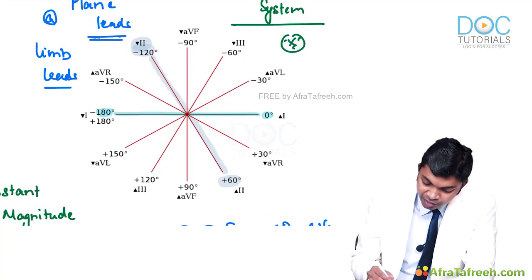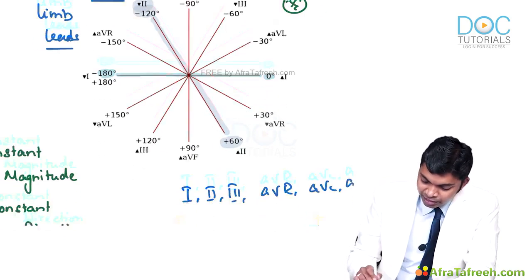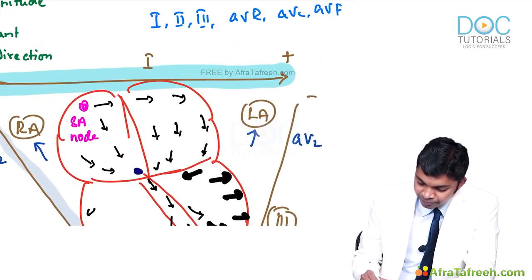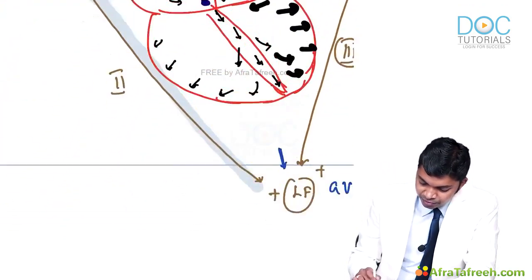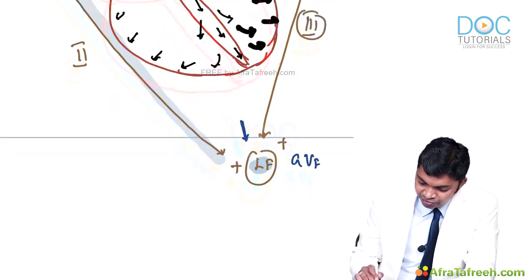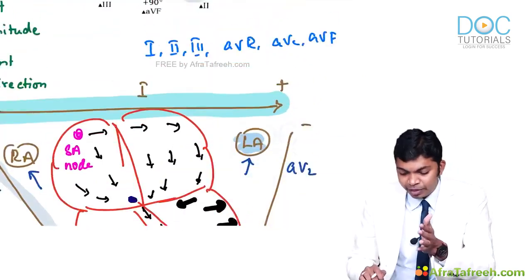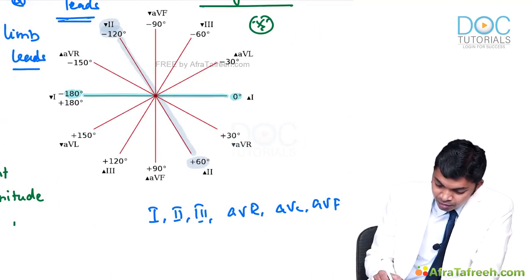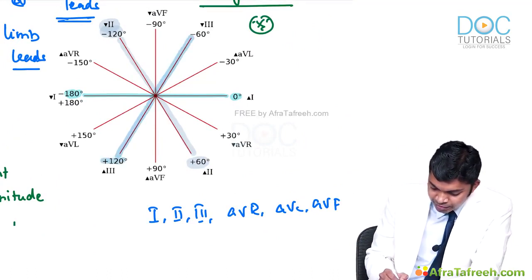Similarly, lead 3 is connected between the left arm and left foot, and using the same orientation in the hexaxial reference system, you have minus 60 degrees to plus 120 degrees. This is lead 3.